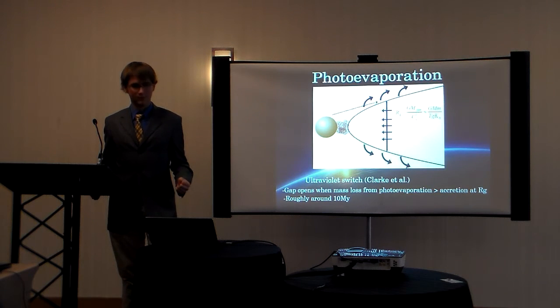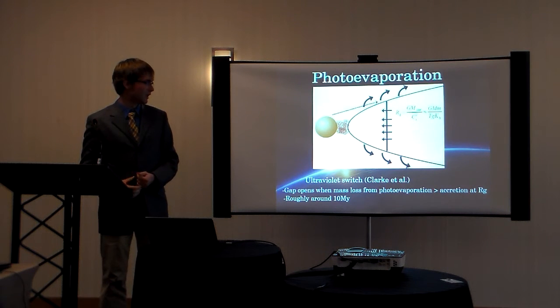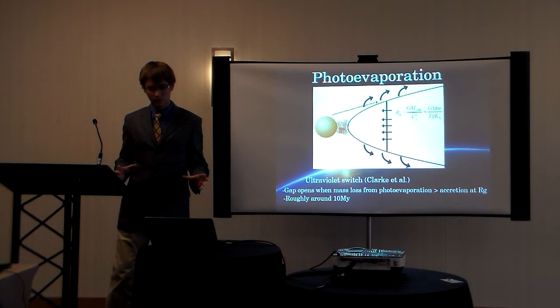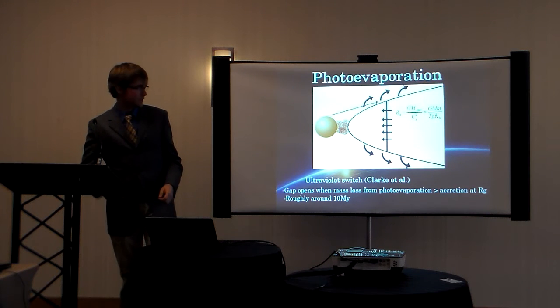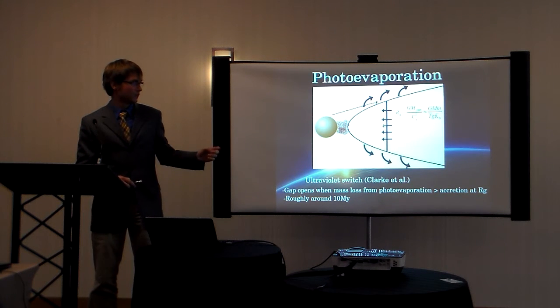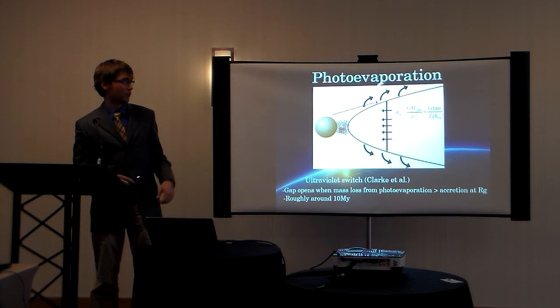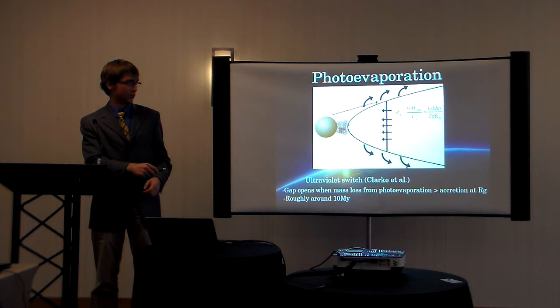In photoevaporation, the first models only included ultraviolet light, and were dubbed the ultraviolet switch by Clark et al. This process created one interesting result: there is a point in the disk where the mass loss rate, the amount of mass being lost through photoevaporation, will be greater than the amount of material falling inwards through accretion.